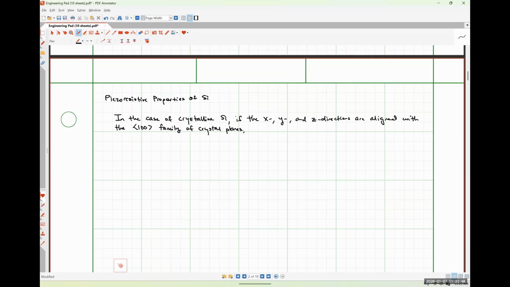The 110 family of planes is the one that cuts across the diagonal, and the 111 family of planes is the one that's tilted back to make that triangular shape, okay? So if we line up the X, Y, and Z axes with the directions of a cube, then we can get a relationship between resistivity and stress, okay?